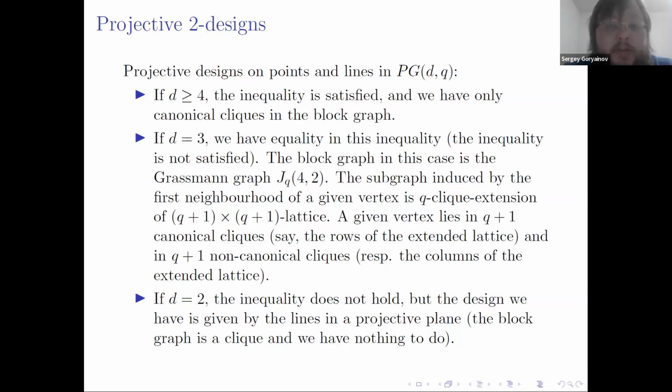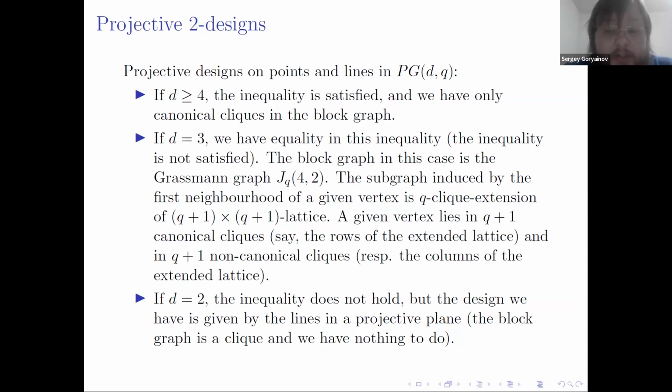The block graph in this case is the Grassmann graph J_q(4,2). The subgraph induced by the first neighborhood of a given vertex is a q-clique extension of the (q plus 1) times (q plus 1) lattice.